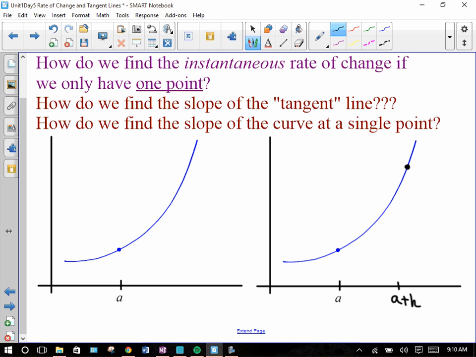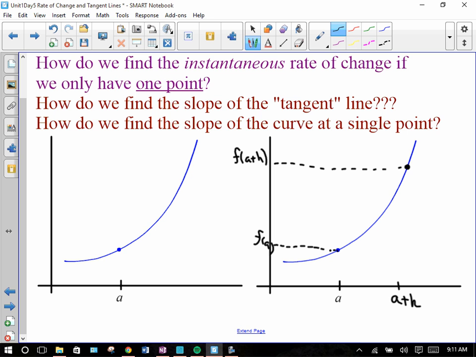So this was f of A, and then this point, that y value is f of A plus h.